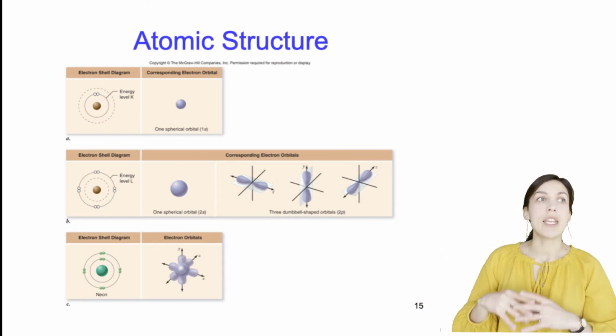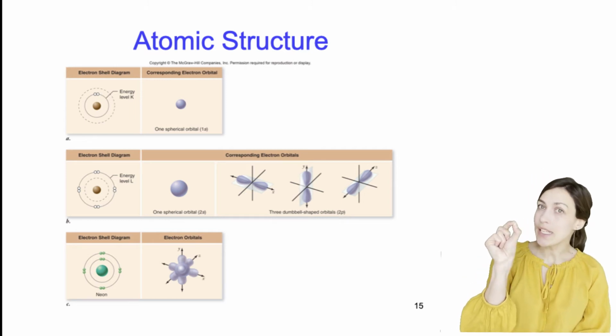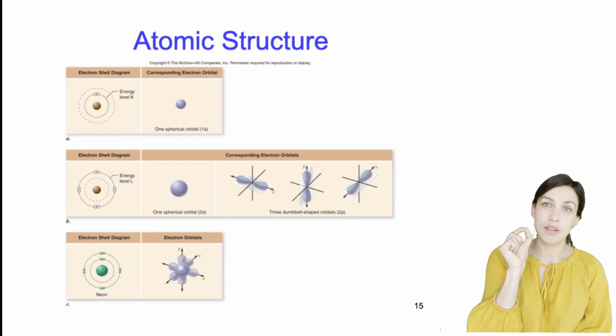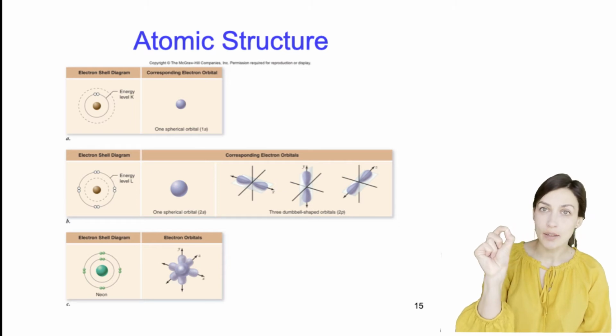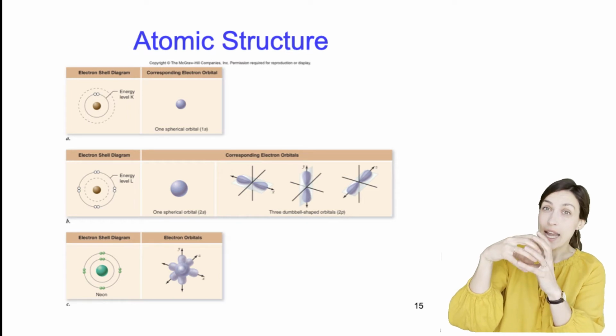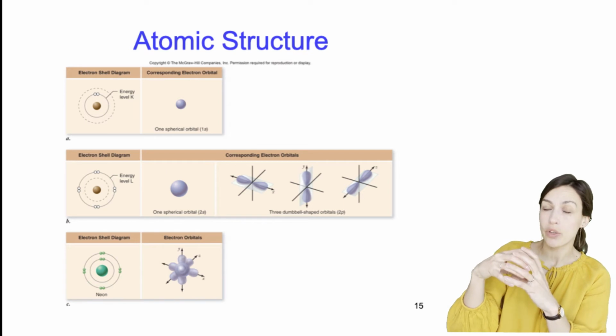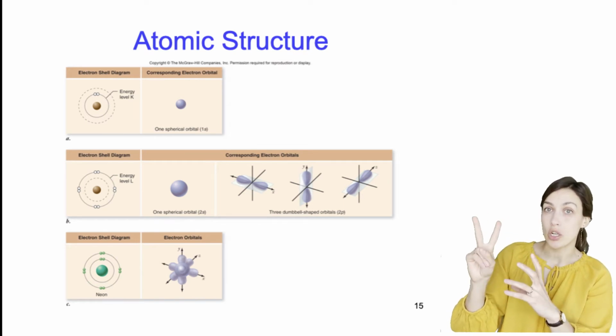So I want, in very basic terms, for you to know that if you imagine a tiny dense nucleus with protons and neutrons inside, the small electron cloud area right next to the nucleus we will call the first energy level or the first energy shell, and it can fit up to 2 electrons.